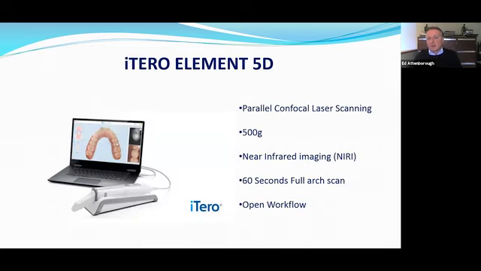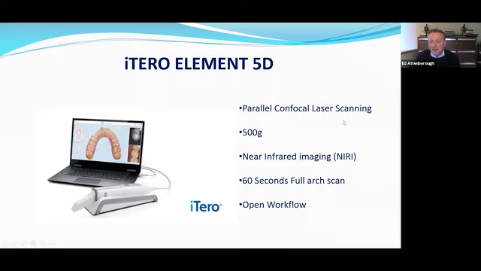So the first one we're going to look at is iTero, and this comes in various different formats. We're going to look at the Element 5D, which is one of the most recent versions of this. It's based on a parallel confocal laser scanning technology, and that obviously we saw in the first slide.